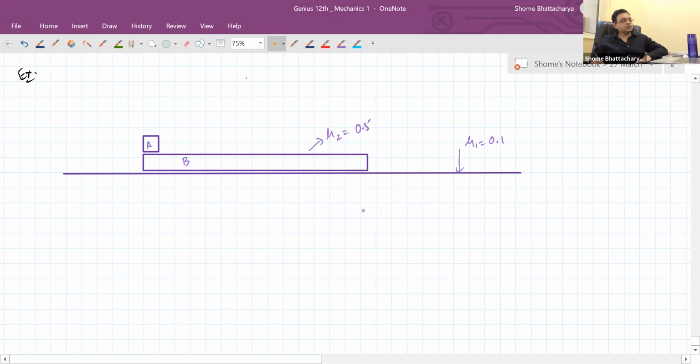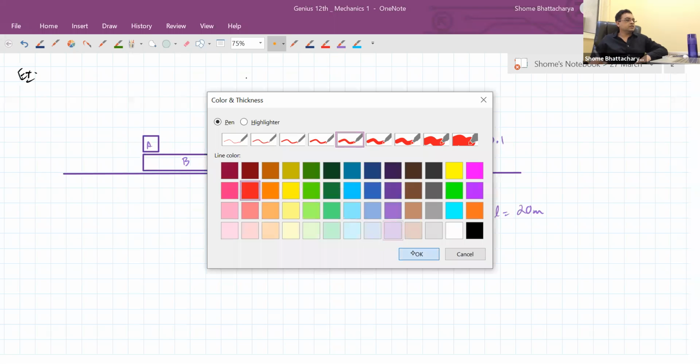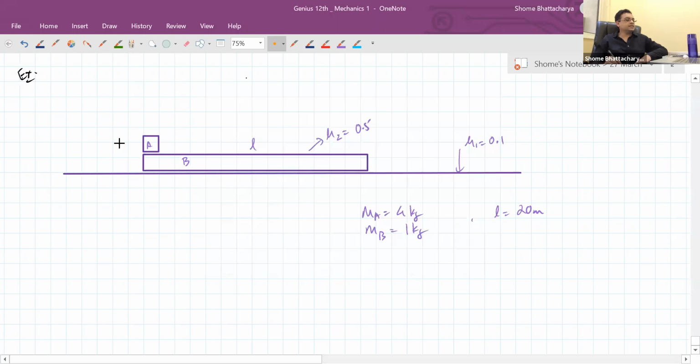The mass of block A is, let's say, 4 kgs, and the mass of the plank B is actually less and it is equal to 1 kg, and the length of the plank is 20 meters. Now A is given a sharp impulse initially, so the system is at rest and A is given a sharp impulse so that at t equal to 0, A develops a velocity of v naught.